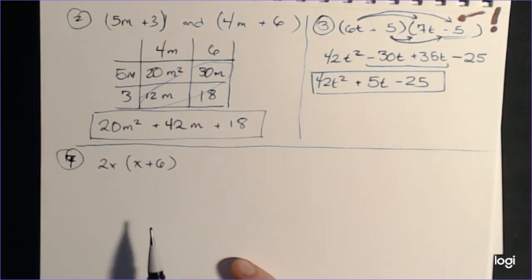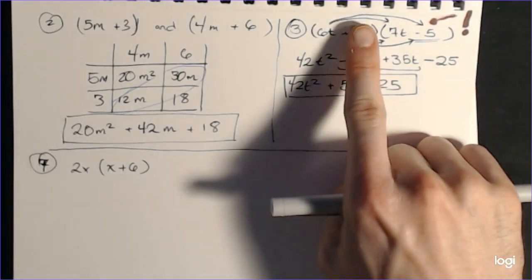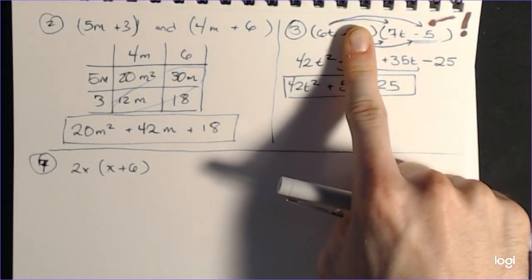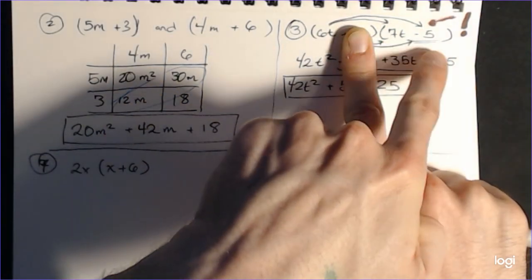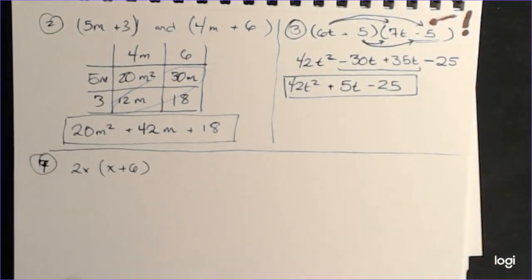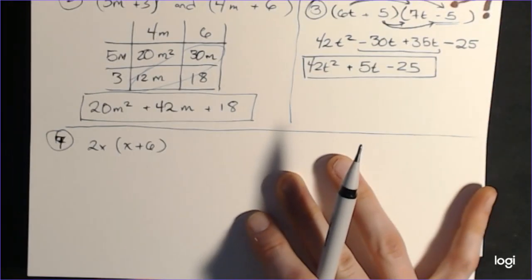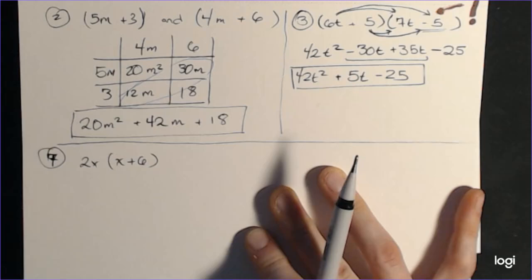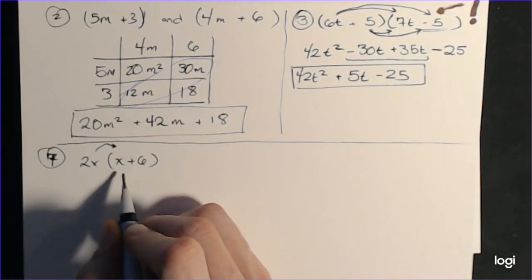This is actually easier. If we look up here, if we just got rid of this part, all we do is just take that first term and we distribute it to both of them. That is exactly what we're going to be doing here, but I will show how we can do this with the table method if that is the method you feel most comfortable with. So first we're going to multiply 2x times x.